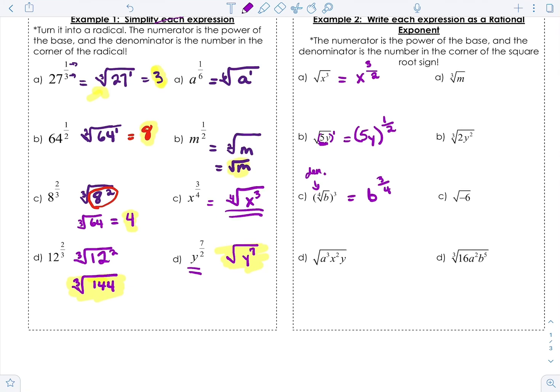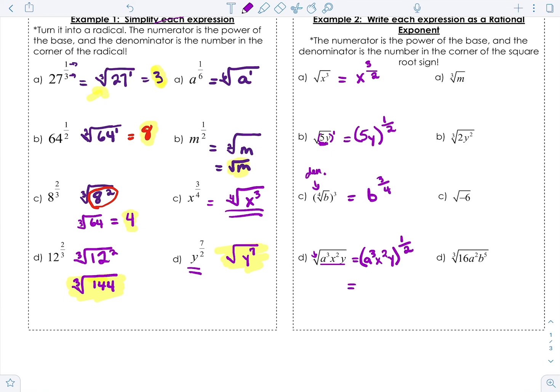And then we get to a little bit more of a complicated one, right? And that's okay, because all of this is our base. So that's what we write, a cubed, x squared, y. All of that is going to be raised to the 1 over our index, which is not given, so that means it's 2.